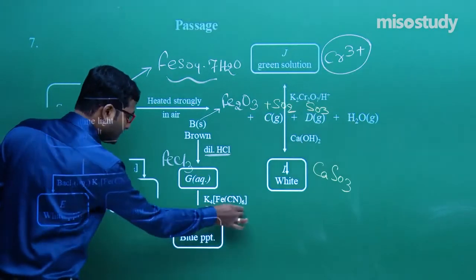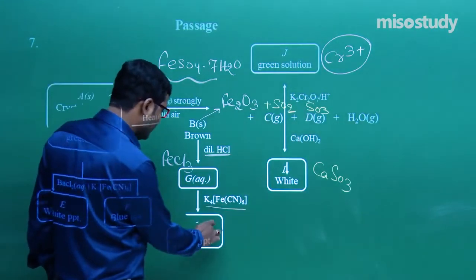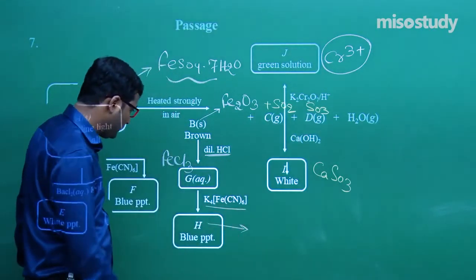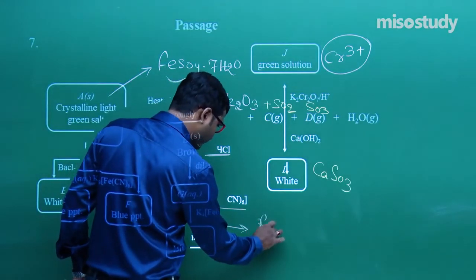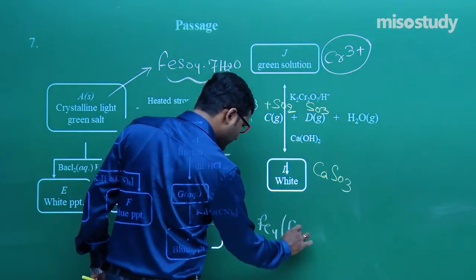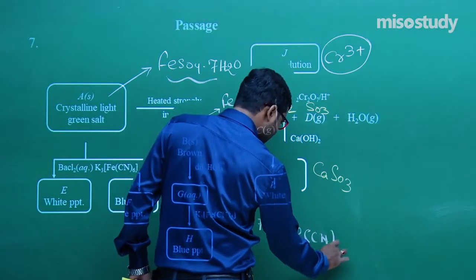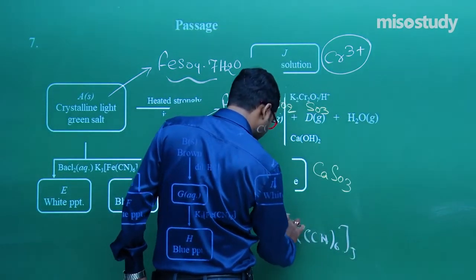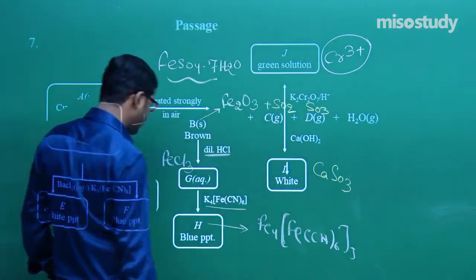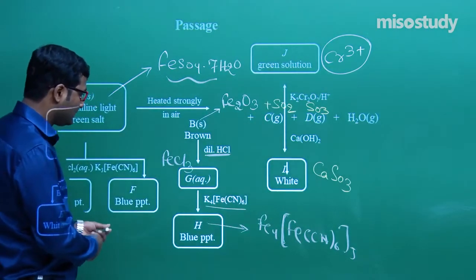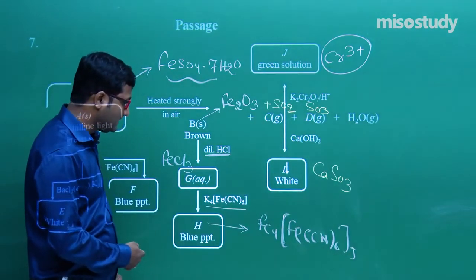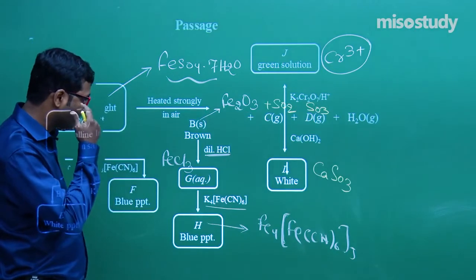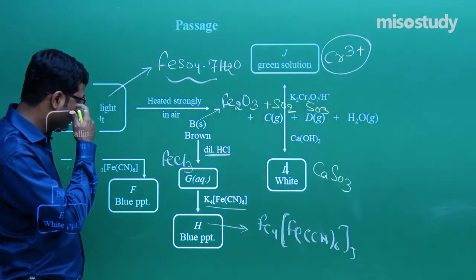And when we treat it with K4[Fe(CN)6], it gives you Fe4[Fe(CN)6]3. What I am telling? Fe4[Fe(CN)6]3. Clear to you? This is the main dominant one.